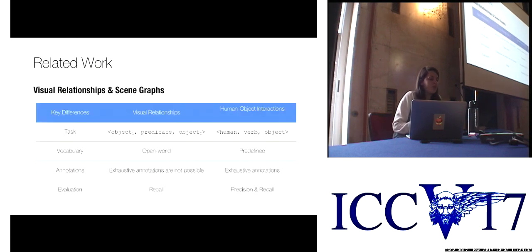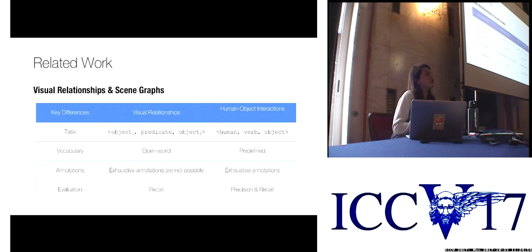So what are some key differences between detecting human-object interactions and visual relationships? So first of all is the task. For human-object interaction, we care about the humans, and we care about the verbs only. For visual relationships, the task is much more open, and the vocabulary is open.